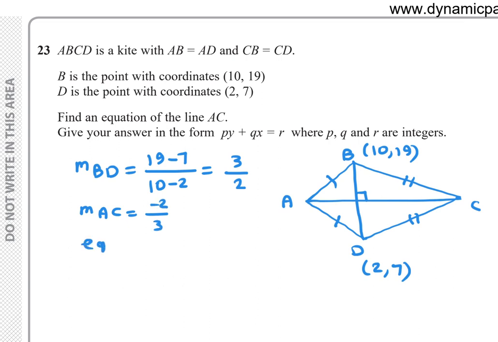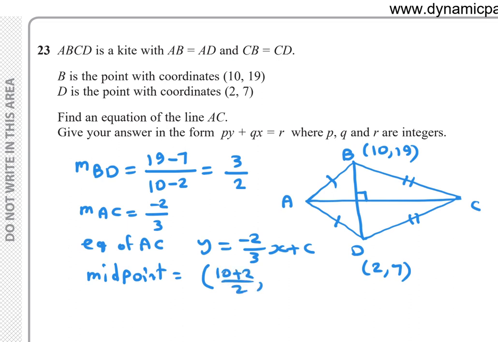So the equation of AC is y equals negative 2 over 3 x plus c. Now to find c, the line AC passes through the midpoint between B and D, so we need to find the midpoint. It equals (10 plus 2) over 2, and (19 plus 7) over 2, which equals (6, 13).